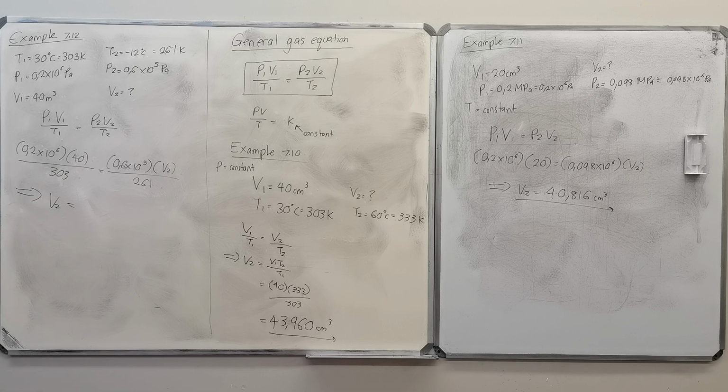Can you understand what I did, right? It's just I took the information that you gave me, and then I saw which formula I could use, and then I used the formula.